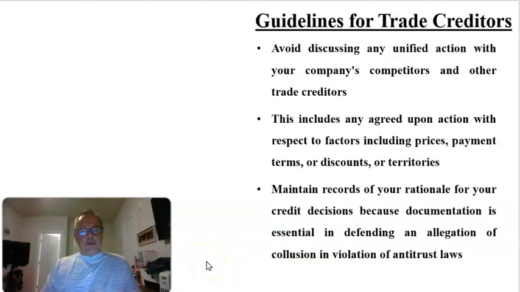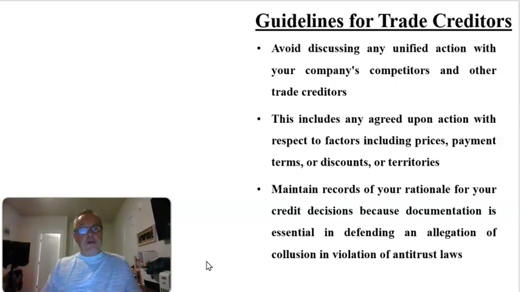I think it's important that we talk about specific guidelines for trade creditors as it relates to antitrust laws. The most important is this idea: avoid discussing any unified action with your company's competitors or other trade creditors with respect to a common customer.